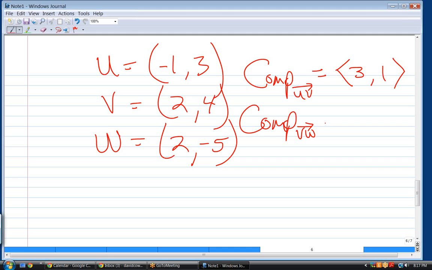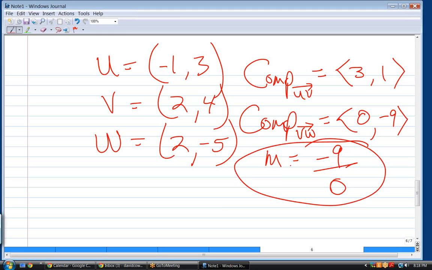That'll be 0, and -9. What's the slope of that vector? Is that going to be -9 over 0? Right. And that is a legitimate slope. That's a vertical line.